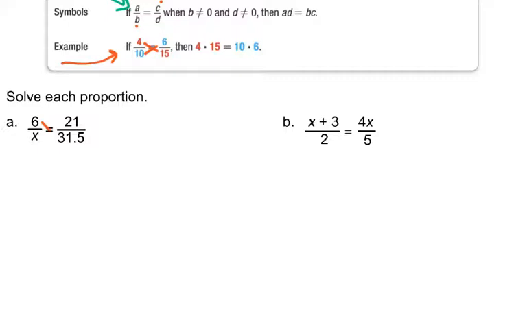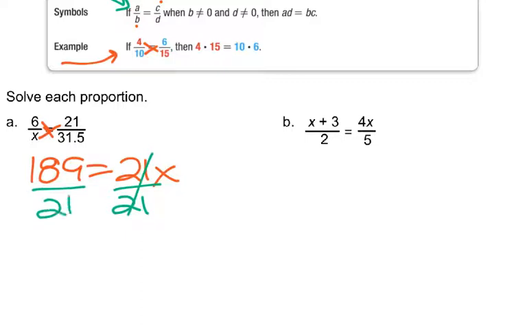So you have 6 times 31.5, which gives you 189, is equal to 21x. Again, you go diagonally. And lastly, we're just going to divide. Cross multiply and divide. So 189 divided by 21 gives us 9. That would be your final answer.